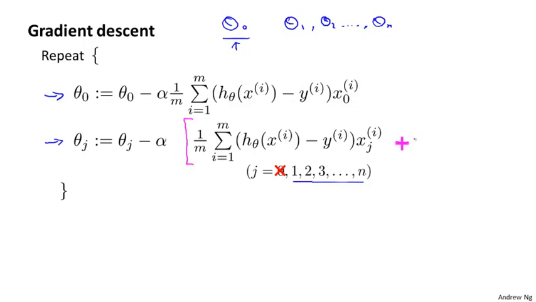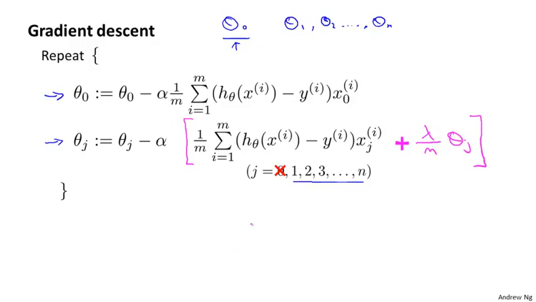We're going to take this term and add lambda over m times theta j. And if you implement this, then you have gradient descent for trying to minimize the regularized cost function J of theta.